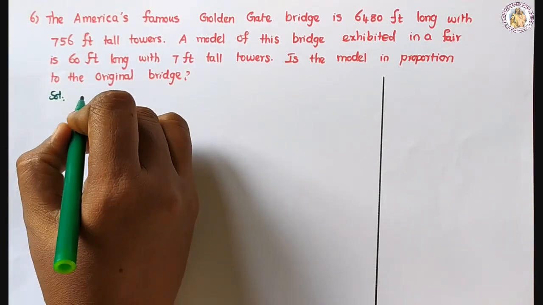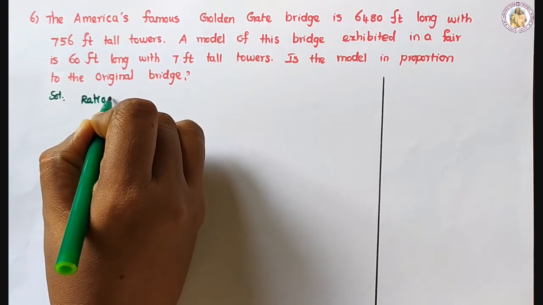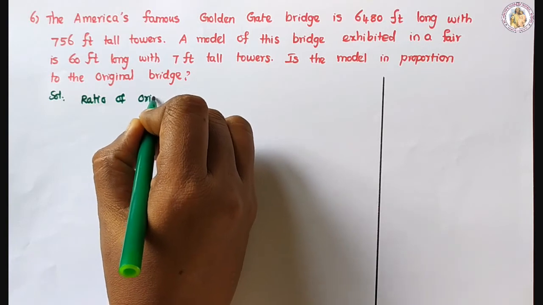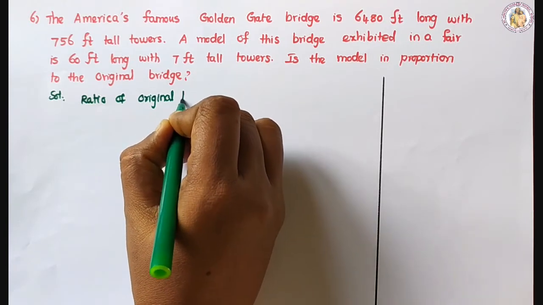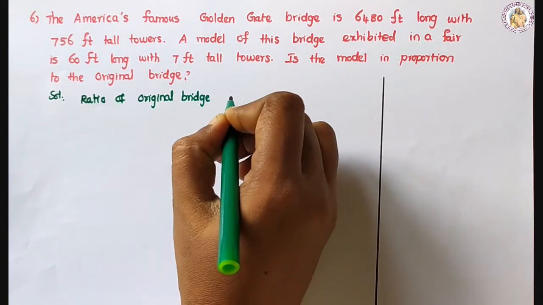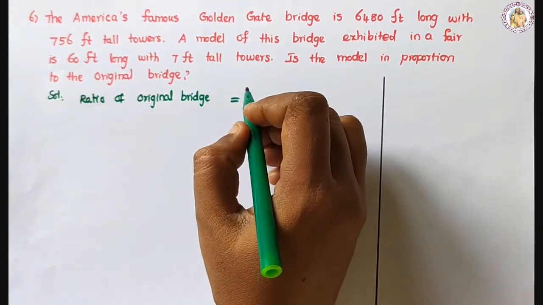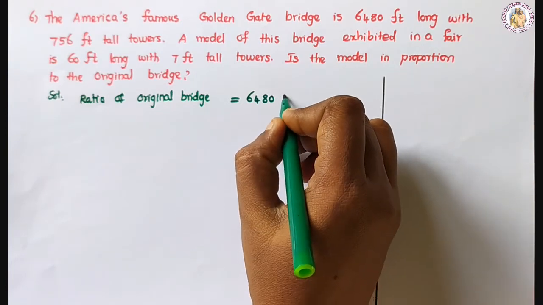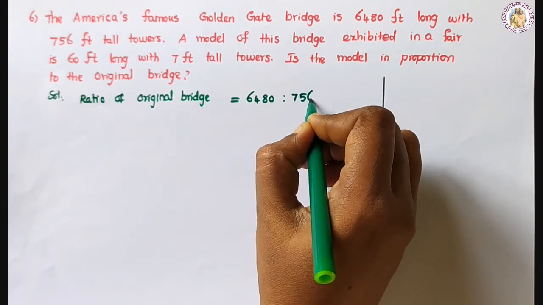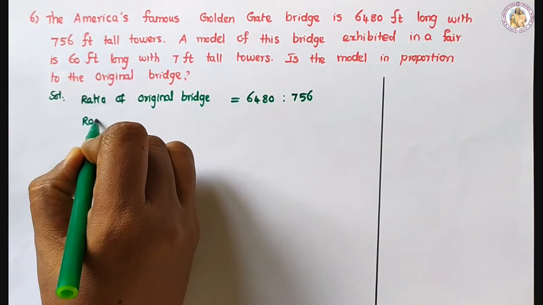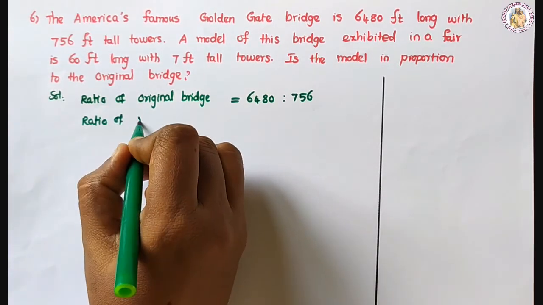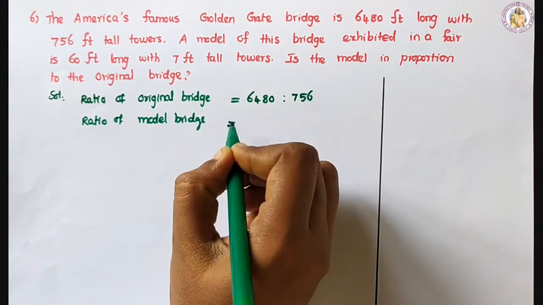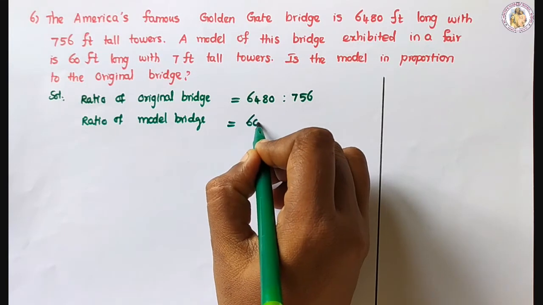Listen, first ratio of original bridge equal to 6480 feet is to 756. Ratio of model bridge equal to 60:7.